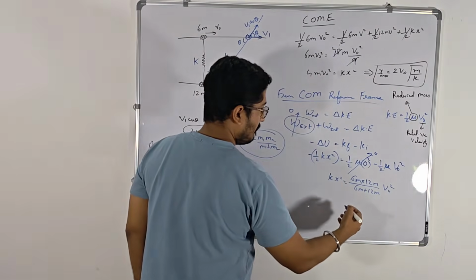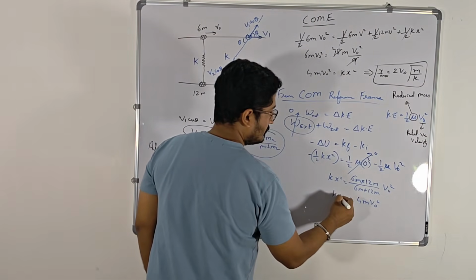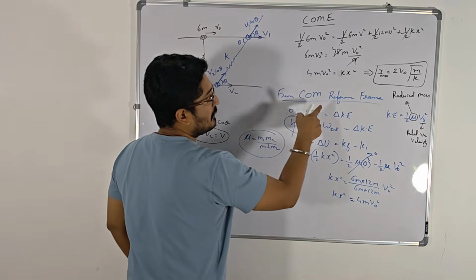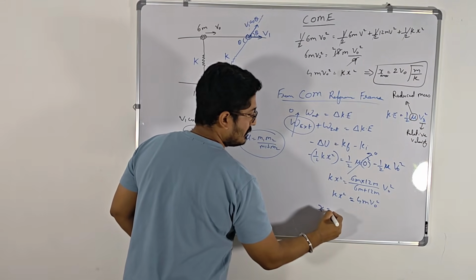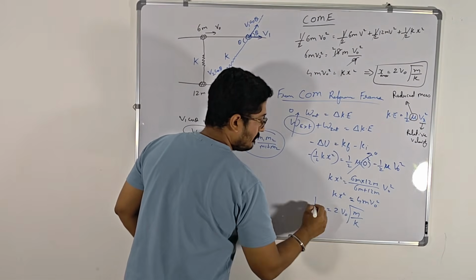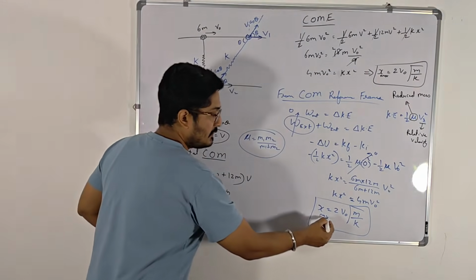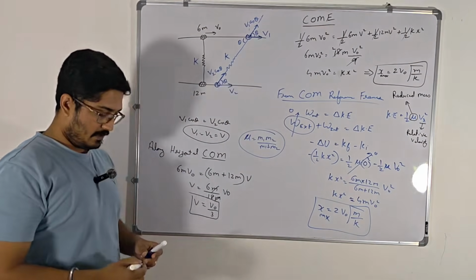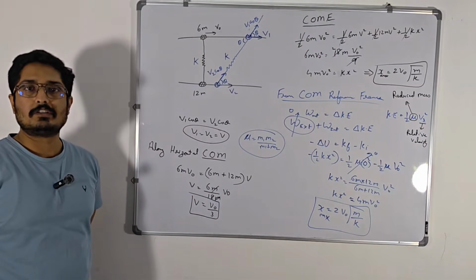So I'll be getting 4m v naught square is equal to kx square. If you just compare this with the earlier result, I think you understand we are getting the same answer. That is x is equal to 2 v naught root of m by k. And this also gives me the maximum extension because we are considering finally the relative velocity to be 0 for the two bodies. I hope you have understood.